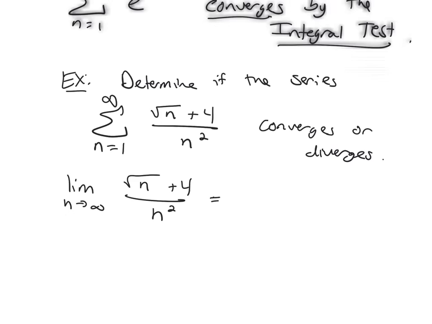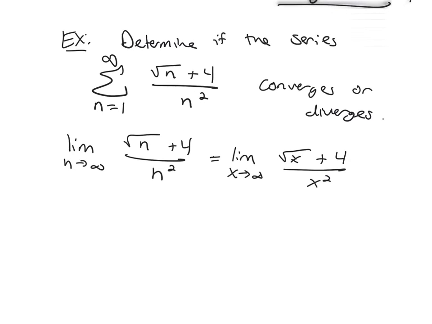Okay, so if you wanted to do L'Hopital's rule, you insert an x, and then when you use L'Hopital's rule, you're going to get 1/2 x to the negative 1/2 over 2x.